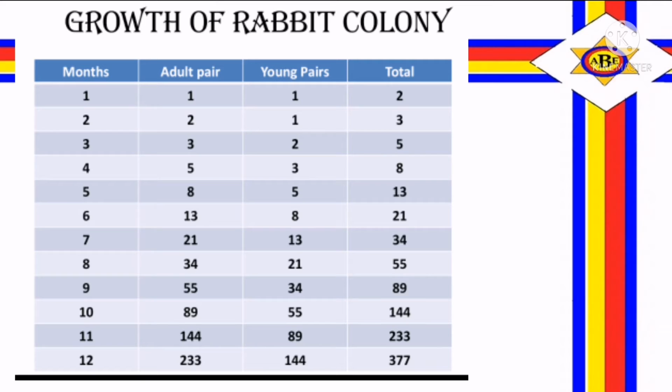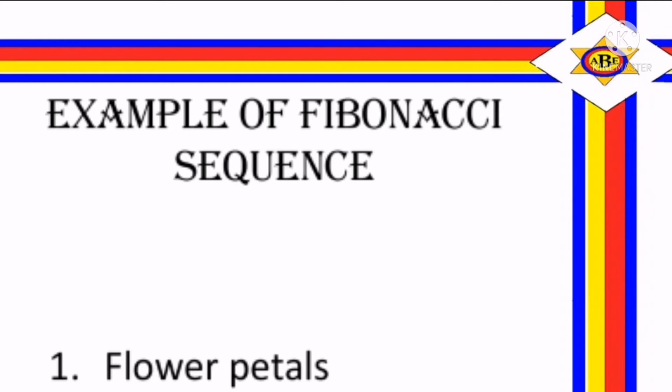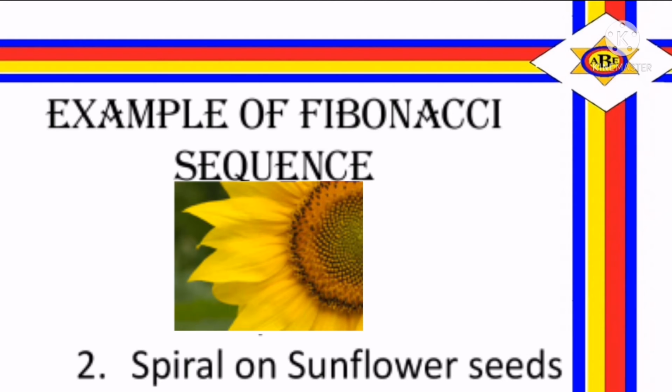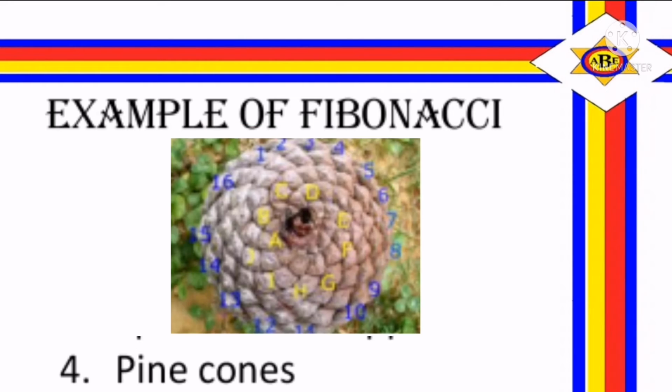As you can see on the third column, the young pairs are the ones with a perfect Fibonacci sequence because it started from 1, followed by 1. Examples of Fibonacci sequence are flower petals, spirals on sunflower seeds, spirals on pineapples, pine cones.